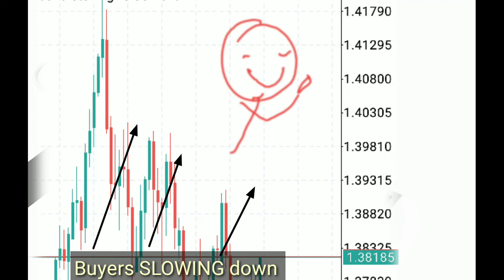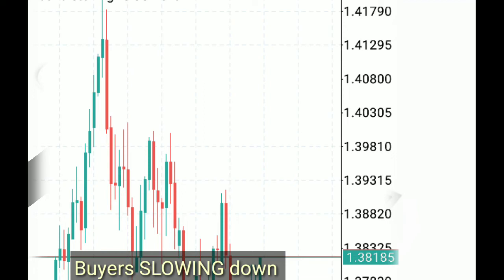This demonstrates that there is strength in the bearish direction, that the buyers are getting weak while the sellers are getting stronger. As the market makes consecutive highs and lows, we find lower lows but no higher highs.